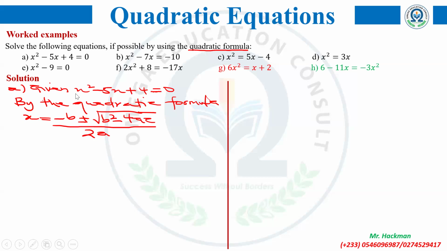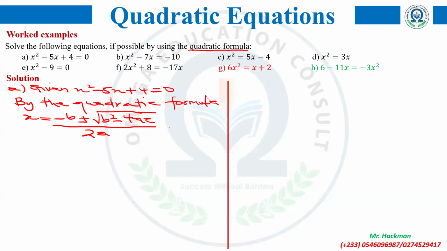So we need to compare the given equation, which is in the standard form, to the usual standard form equation. This time around, I'm going to write comparing. But as you move along, I will take out some of the steps, which will not be costly.